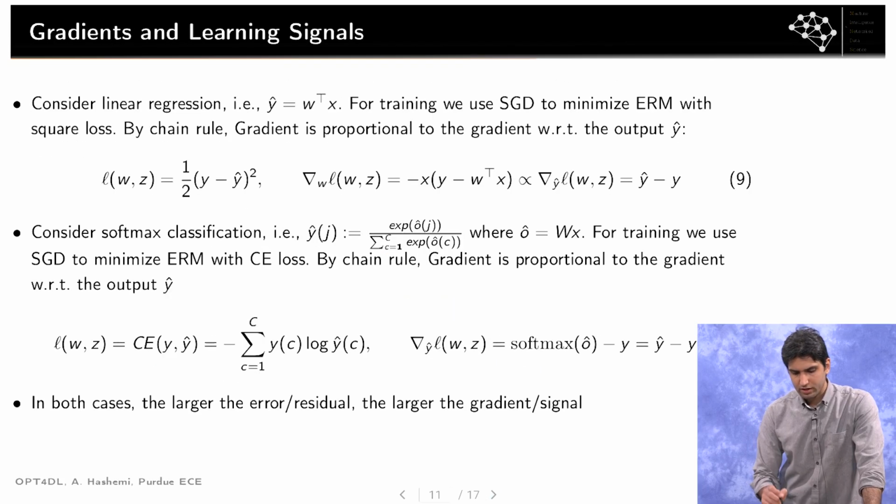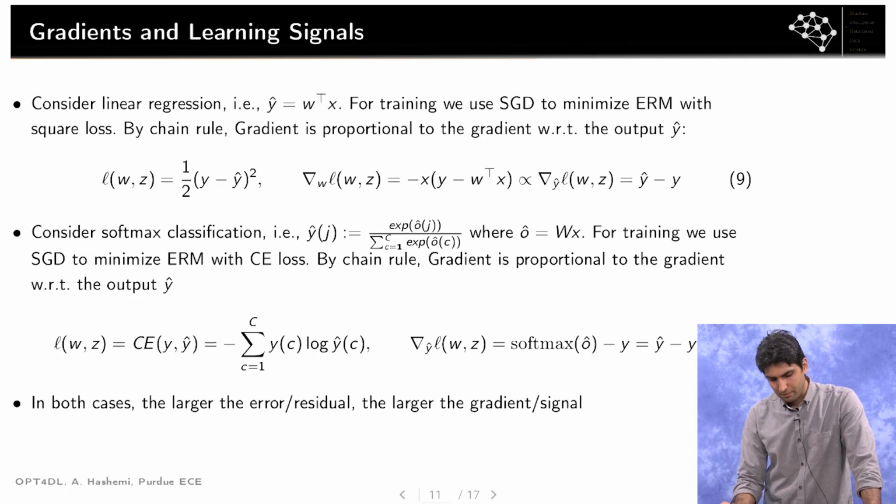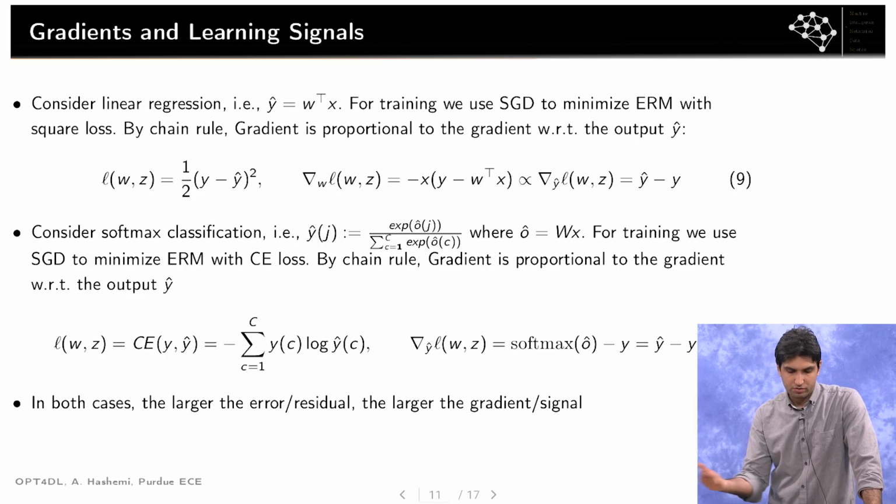All right, so let's talk a little bit about what I mean by the signal. Signal for us is actually the gradient, because we are using iterative training algorithms such as SGD to update the parameters of the model, and to do that, we need to find the gradient. The more informative the gradient, the better our updates are going to be, and the faster we can find a good predictor.